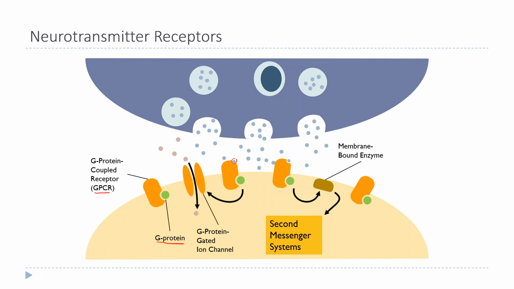Some second messenger systems will trigger gene expression pathways, so it can actually cause the cell to turn certain genes on or off, completely changing its behavior. We'll talk more about metabotropic receptors later in a little more detail, but rest assured they're way more complicated.